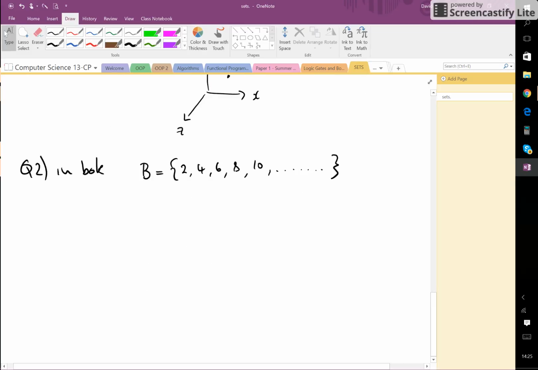Okay. Now we have the cardinality of a set. The cardinality of a set is the number of elements in the set.